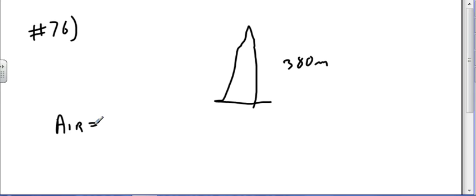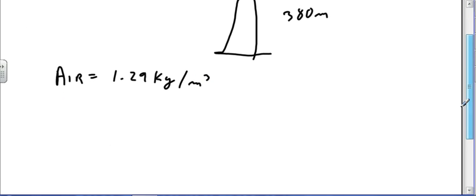And I'm not there yet. Now I'm there. Air, 1.29 kilograms per meter cubed. And what do we want to know? 76. The difference in air pressure.